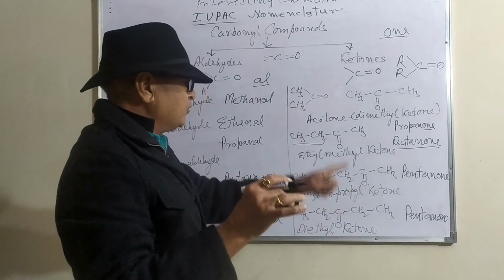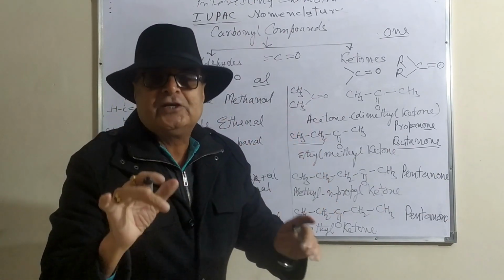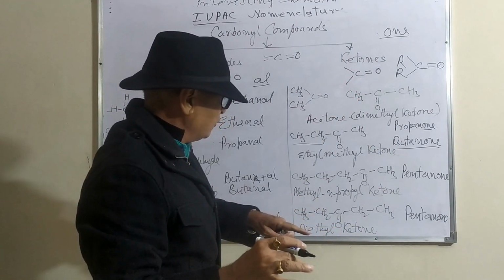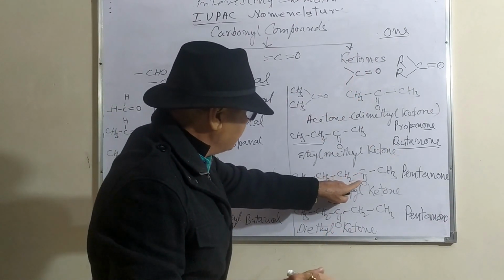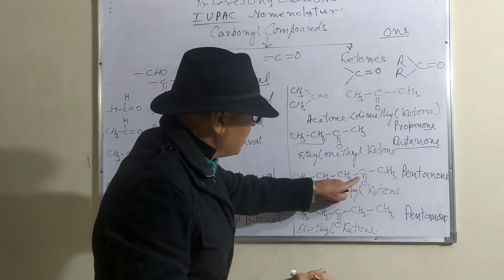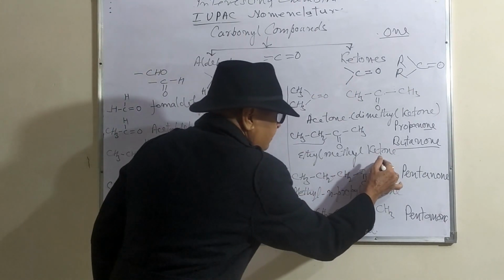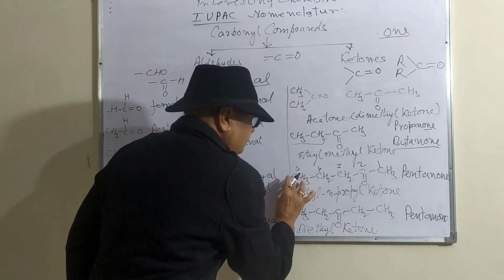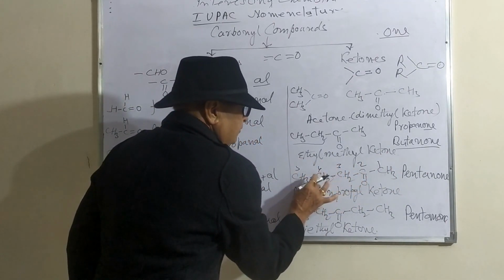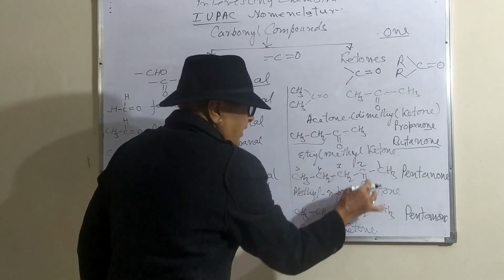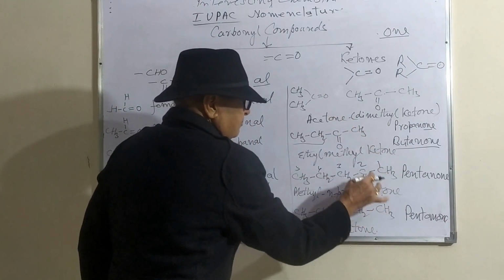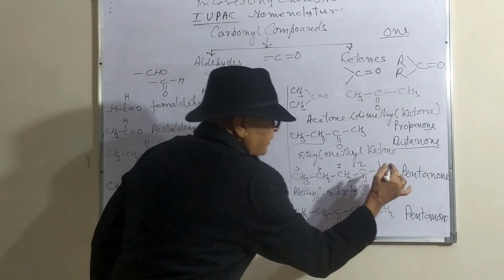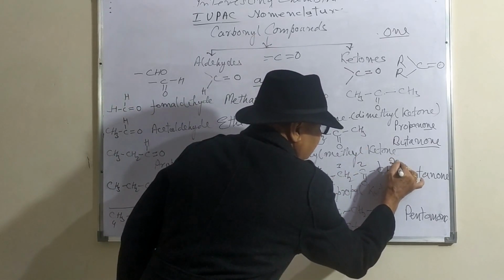You will have to show the location of the ketonic group. Here it is on number 2 carbon. You will never count from this end, because you have to give the lowest number to the carbonyl group. So it is 2-pentanone.